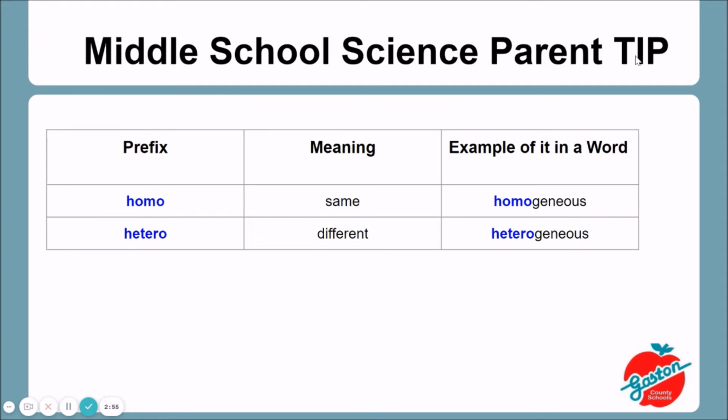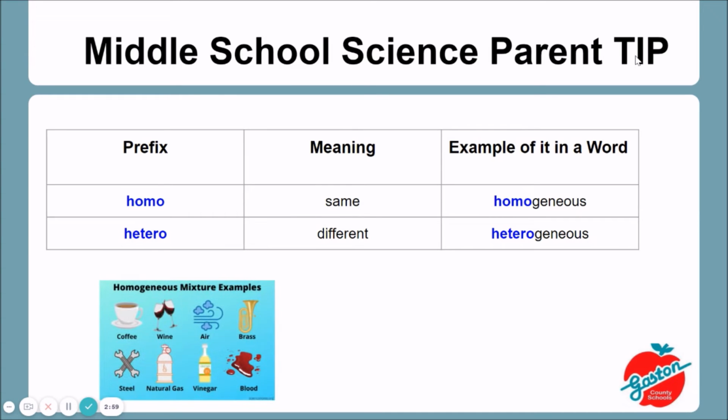And Amber, I can relate that to mixtures. Examples of homogeneous mixtures are coffee, wine, air, brass, steel, you name it. But I'll talk a little about air and blood. The composition of each of these mixtures is the same. For air, you cannot see oxygen, carbon dioxide, and nitrogen gases in the air, right?